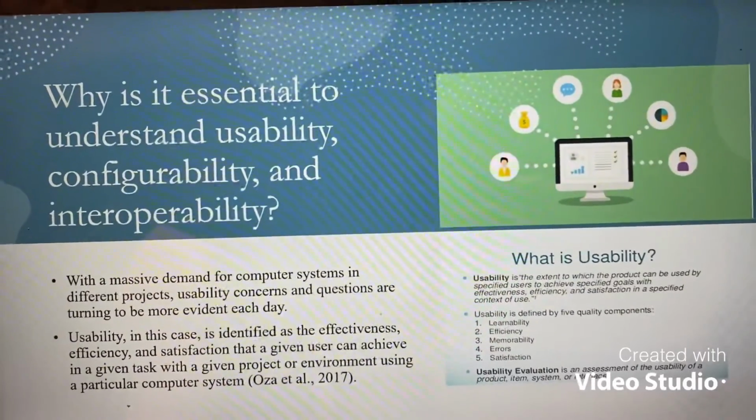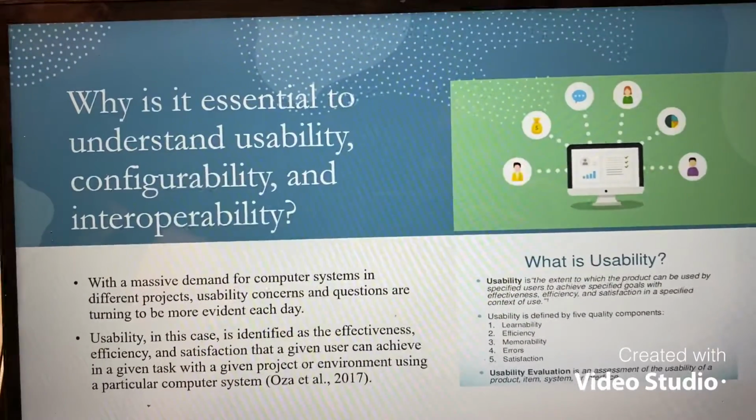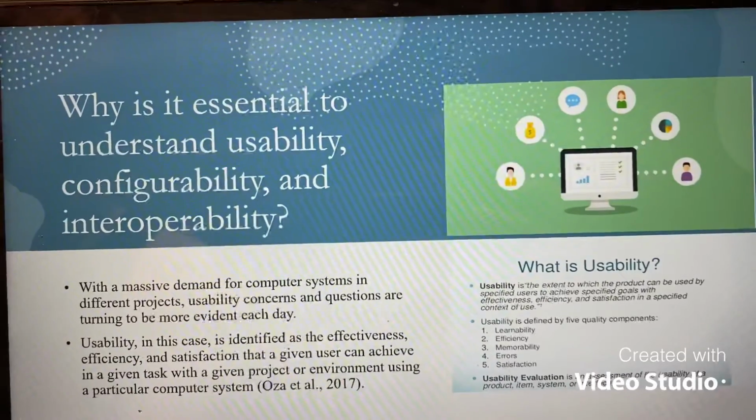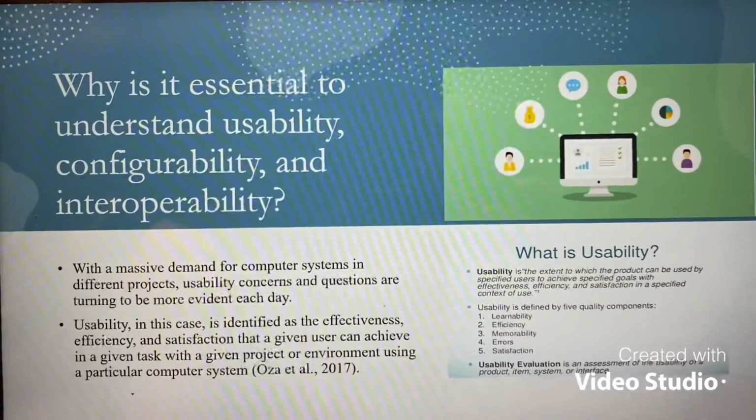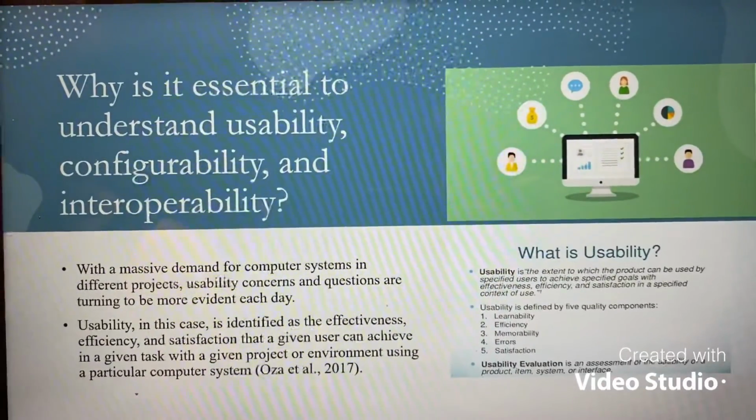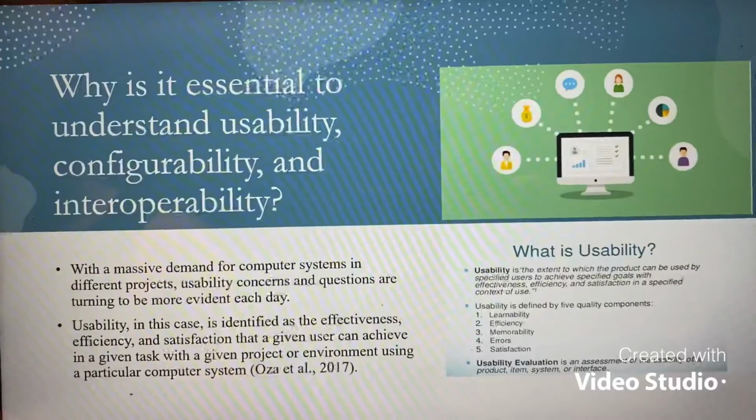A sound computer system is considered adequate if it is easy to use and effective, minimizing some common errors that could be expected.